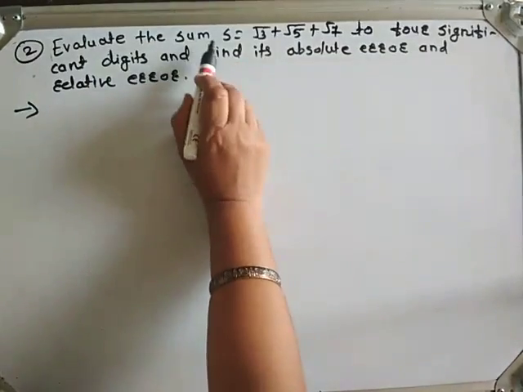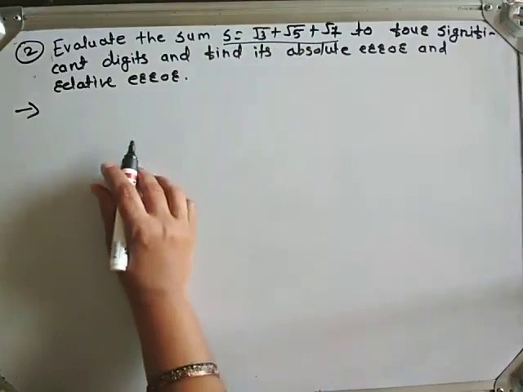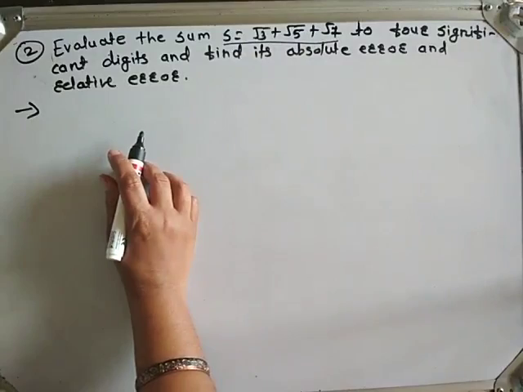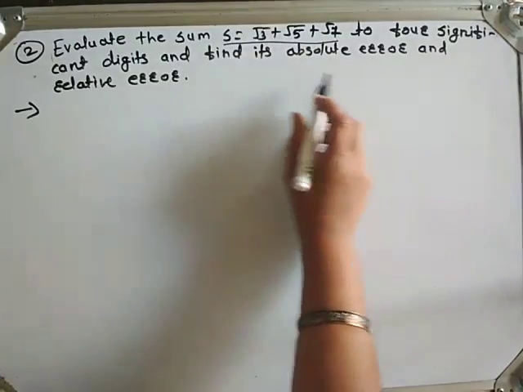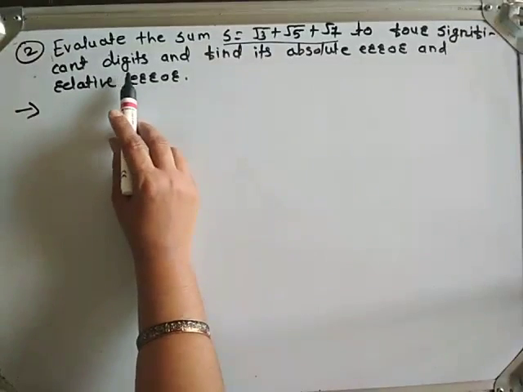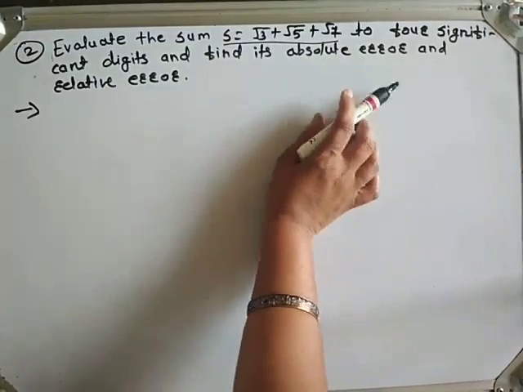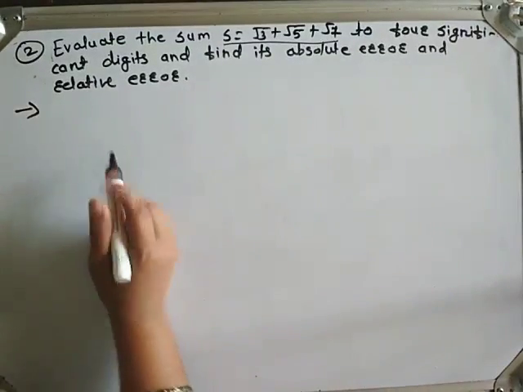See here, in this problem we have to evaluate this sum to 4 significant digits or 4 significant figures and find its absolute error and relative error.